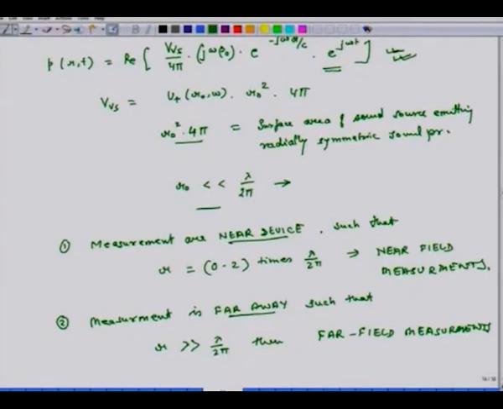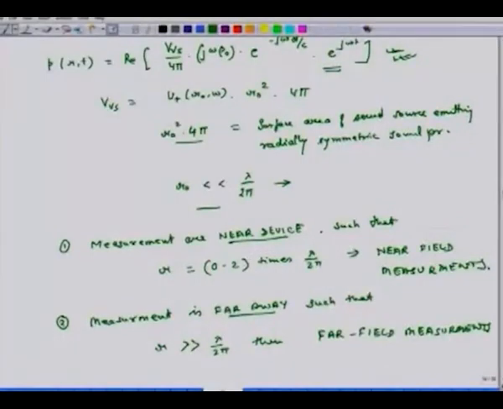And if my location is extremely far, such that the distance between observation point and the device is very large compared to lambda over 2 pi, then they are known as far field measurements. So, that is about volume velocity, near field measurements and far field measurements.